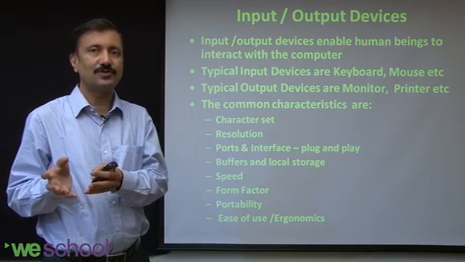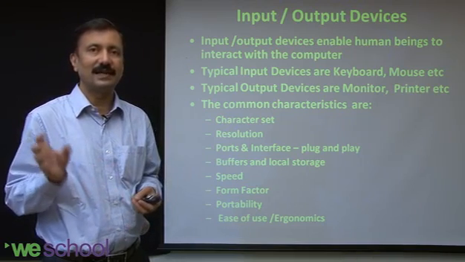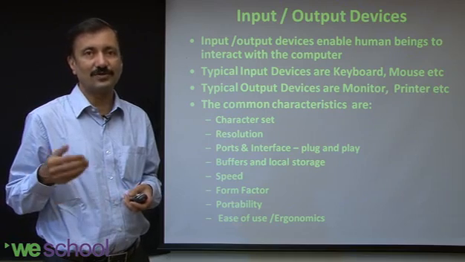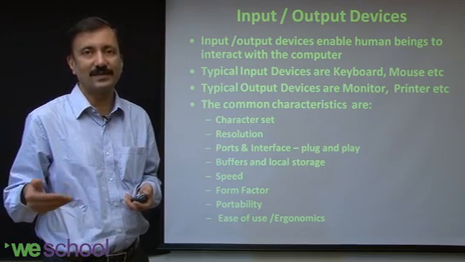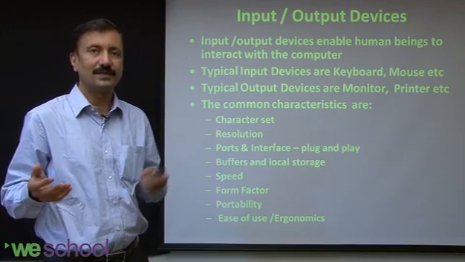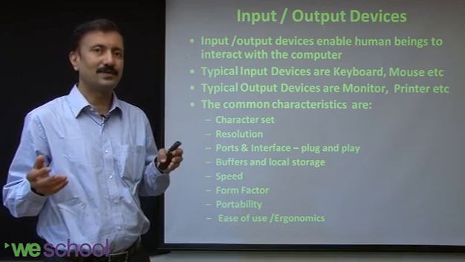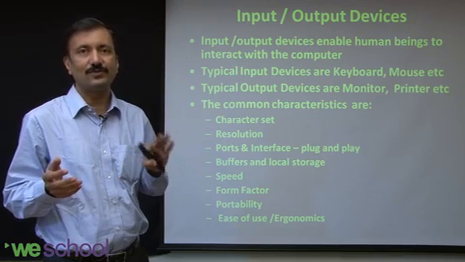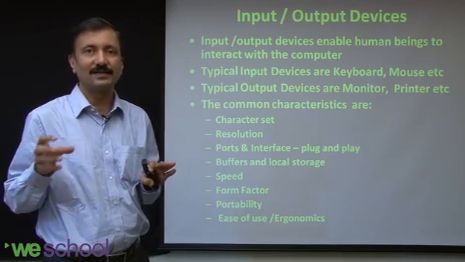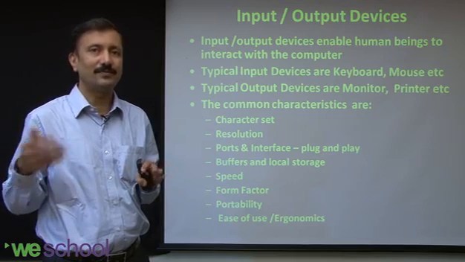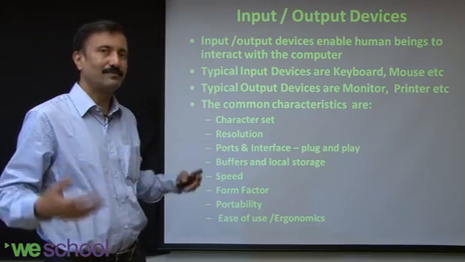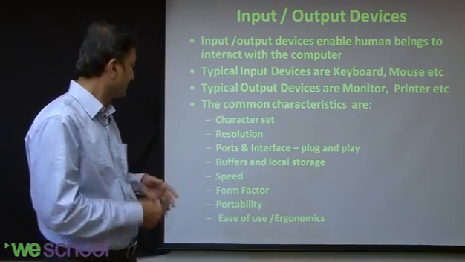Nowadays, most of these input output devices carry a local memory, and when you buy these printers, for example, you also ask the question, does it have local memory and how much does it have? So that the minute your printout is ready, the computer sends it to the printer, and the computer is free to do something else while the printer stores that data and keeps on printing at its own speed. And that's the benefit in terms of getting better processing throughput.